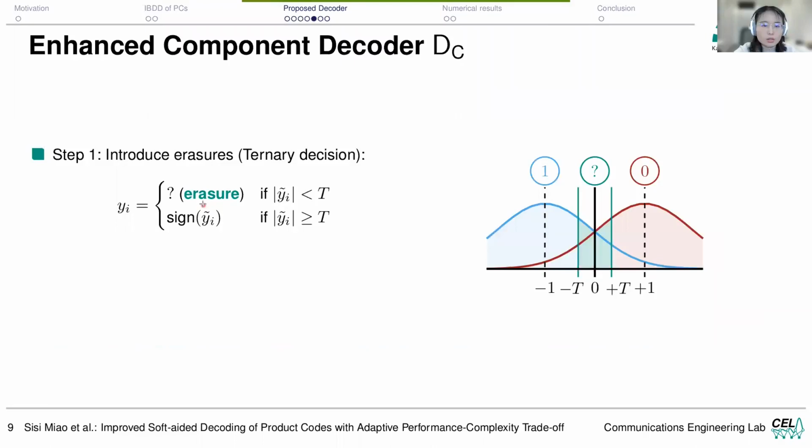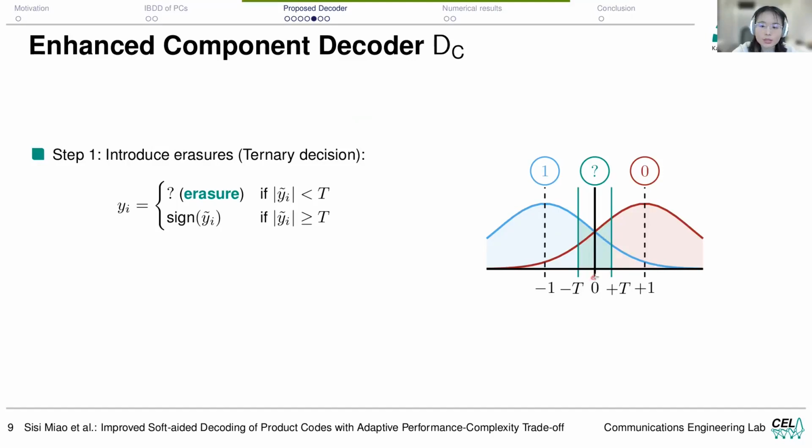And the second part, we want to enhance the decoding. So what we do is we introduce an error and erasure based decoder. You can see here that usually we have a hard decision at the receiver, but here we introduce some additional erasures for the bits that have a small absolute value.